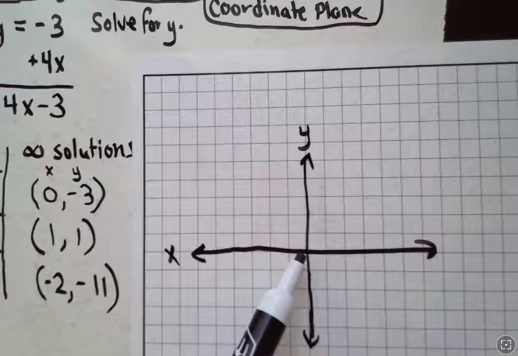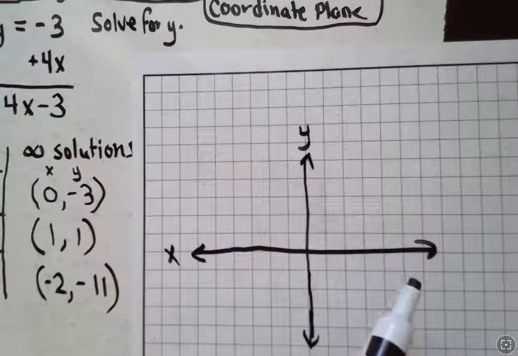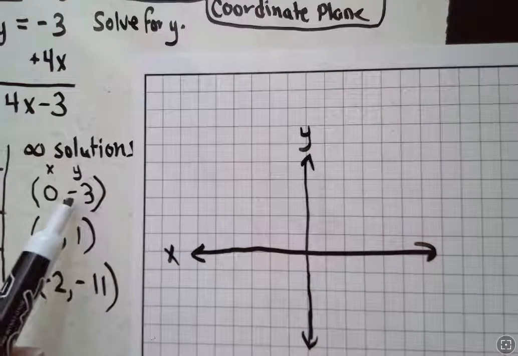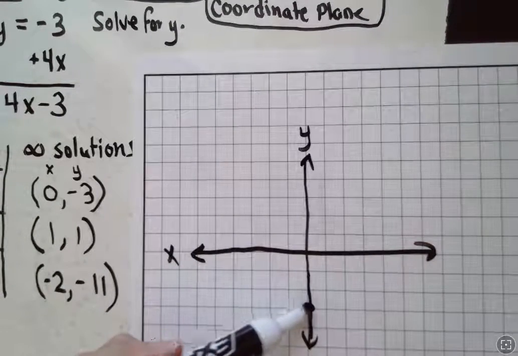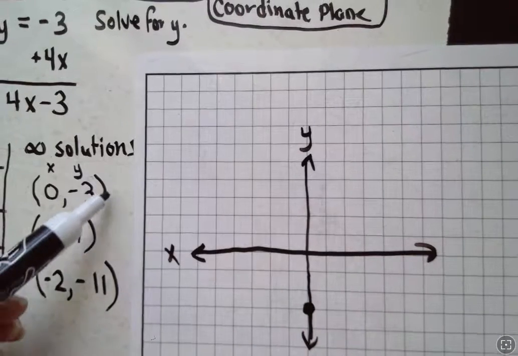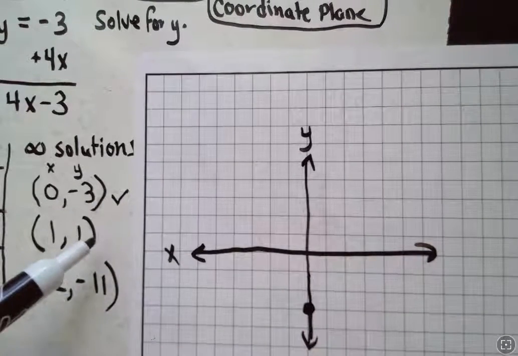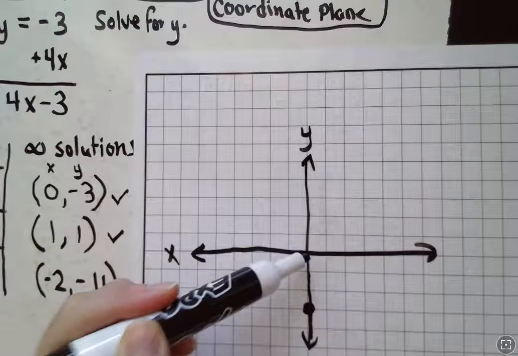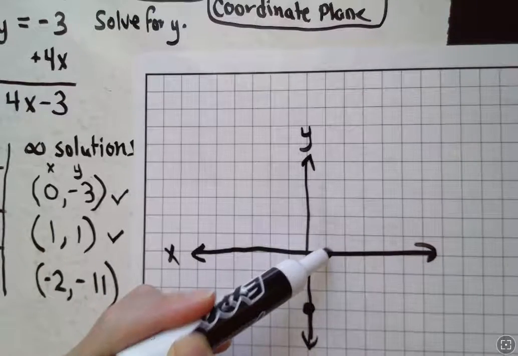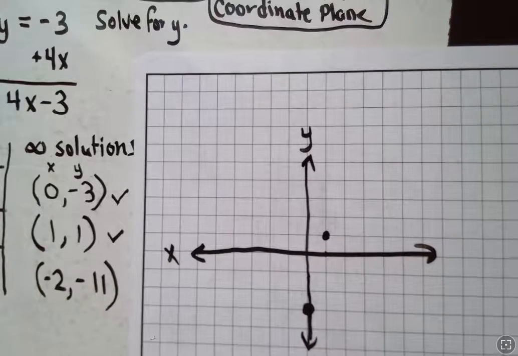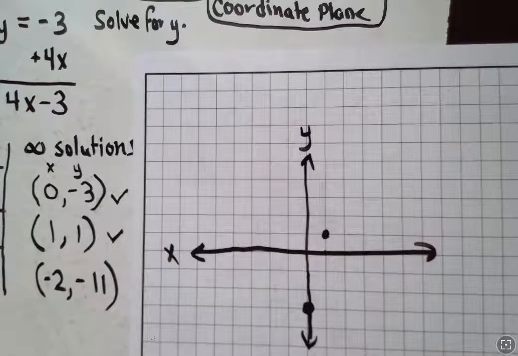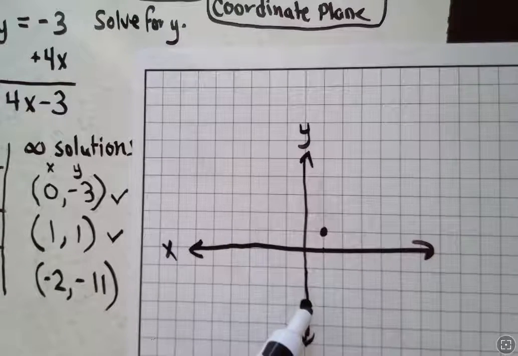So that means I don't move at all in the x direction, the horizontal direction, but I move -3 in the y direction, which would be down 3. So I can plot my point there. So I plotted this one. I can also plot 1, 1, 1 to the right for x and 1 up for y. And so I have this line. I can actually connect these 2 points with a line.